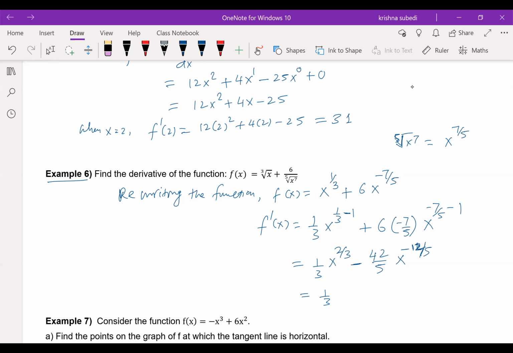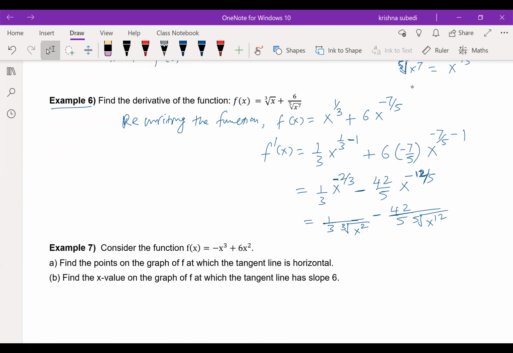So if you bring it down, x raised to the power negative 2 over 3 becomes this, minus 42 over 5. And if you bring this down in the denominator, that becomes the fifth root of x raised to the power 12. That should be your final answer.